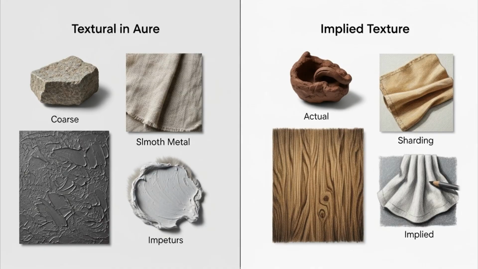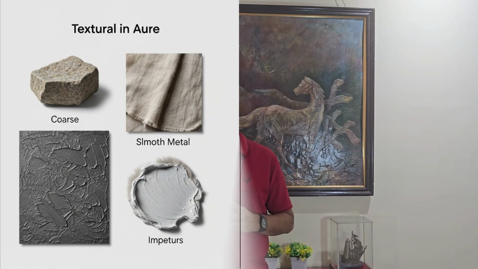Then I am coming to texture. Texture is about surface quality, how something feels or looks like it might feel. Two kinds. Actual texture, you can touch it, as in sculpture, collage, or impasto painting.